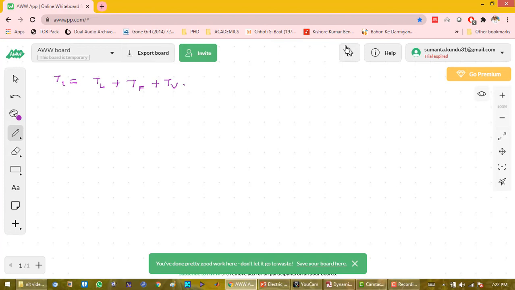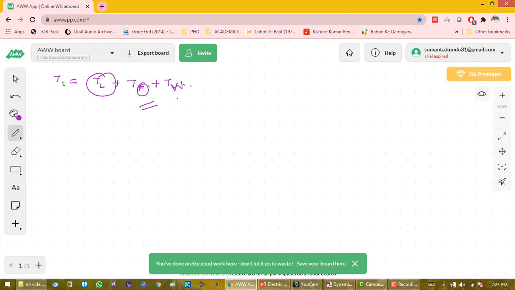Here TL on the right side is the torque required to do the useful mechanical work, which is the main component. Then the windage torque is denoted by TW, and then TF is my frictional torque. Okay, so this is the load torque.